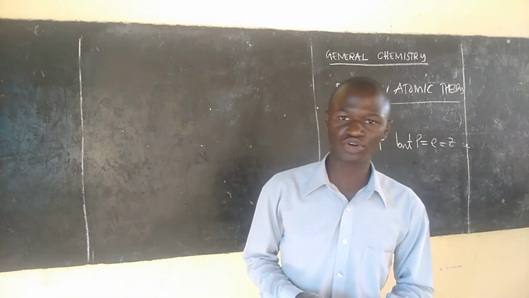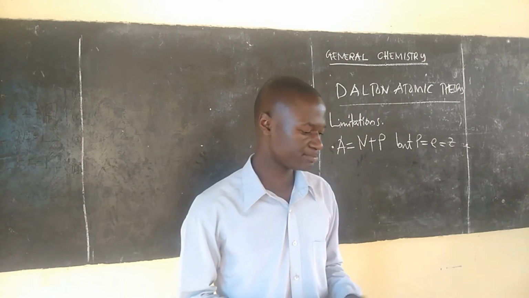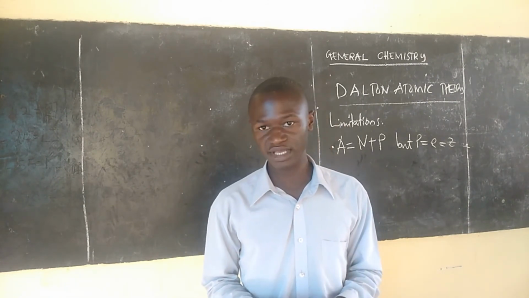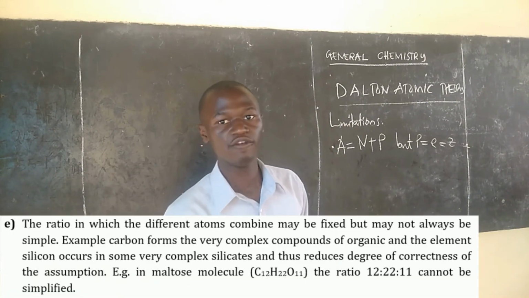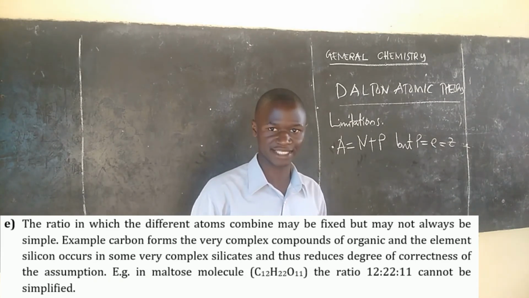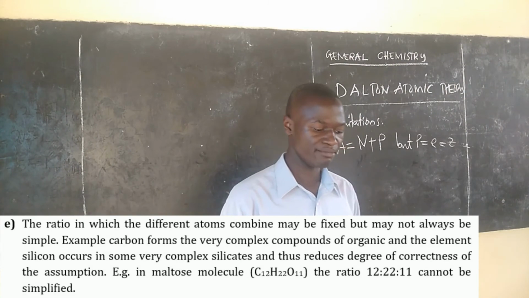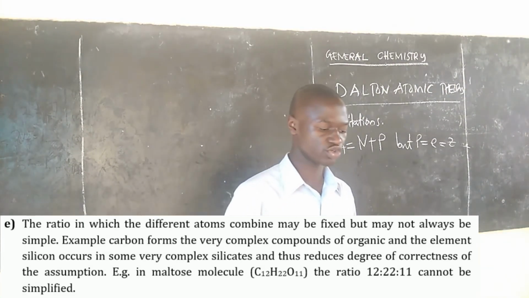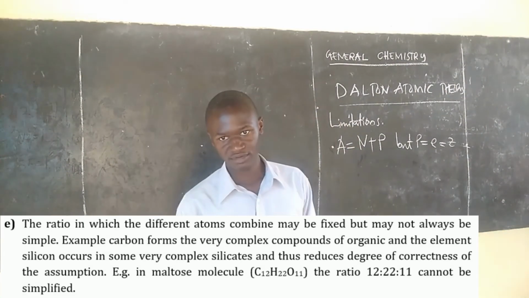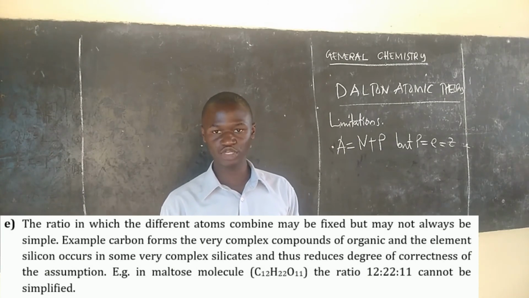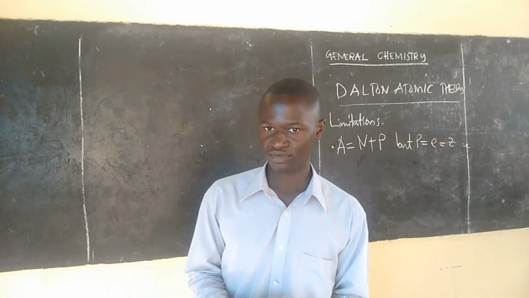That's what Dalton is suggesting. This idea is not correct because atoms may combine in even complex ratios. So the ratio in which different atoms combine may be fixed, but may not always be simple.